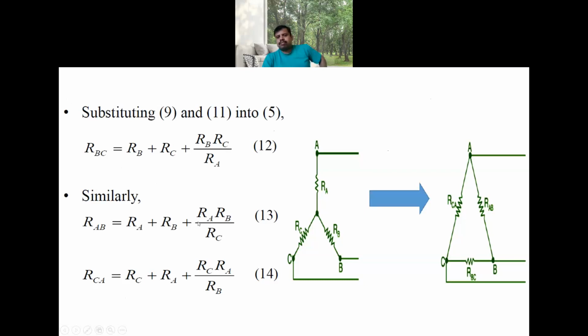How to remember these equations? Here we are considering star to delta conversion. The star network elements are given to you, and we need to convert it into the equivalent delta network.